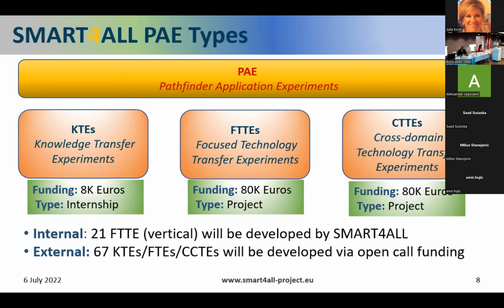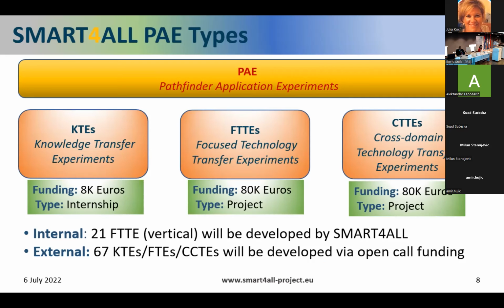And CTTs are more mature projects, where we imagine them as FTTs that have developed technology, but we add a third partner, the field trial partner, the end user, the one that will take the technology and apply it in the real application field. Again, 80,000 euros for 9-month projects.